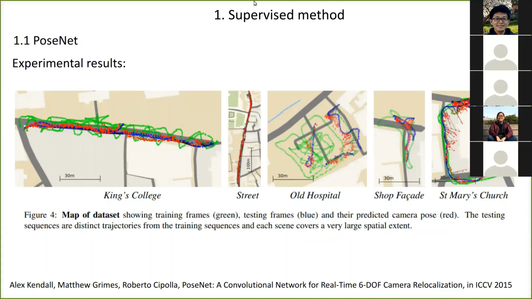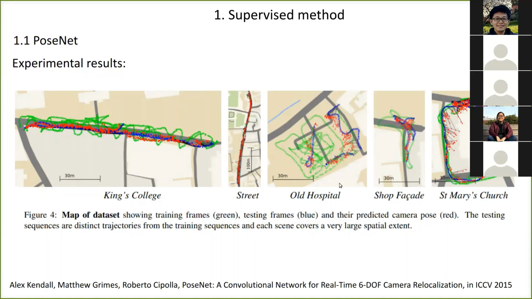Of course, we want to make the estimation closer to the ground truth. But we can see in this King's College and the street, these two sequences, the estimation and the ground truth is actually very similar, right? They basically have a lot of intersection, right?